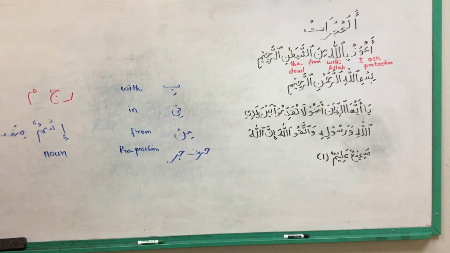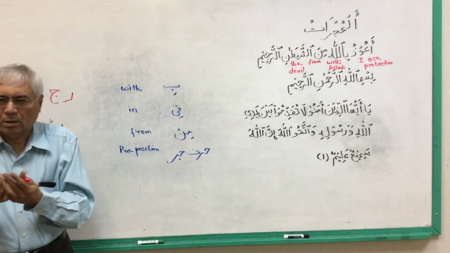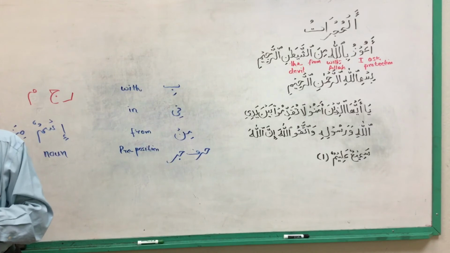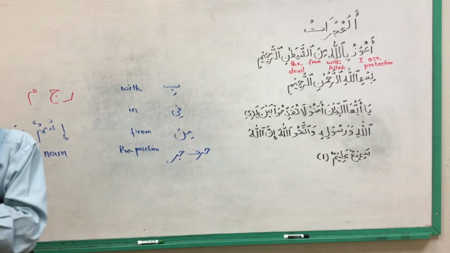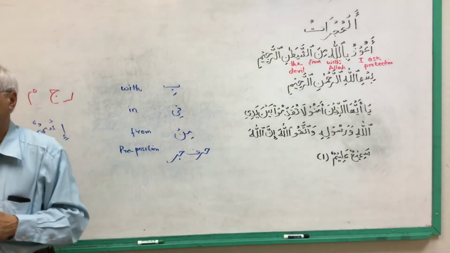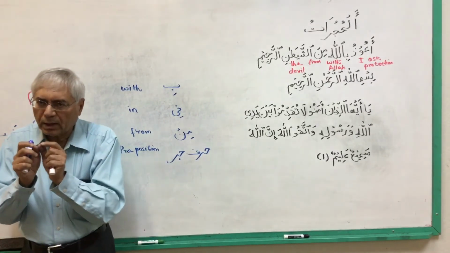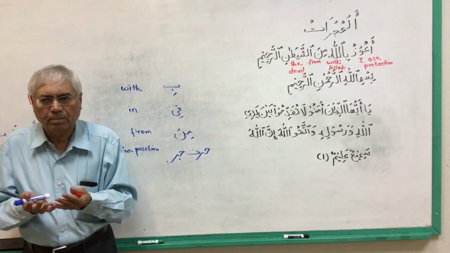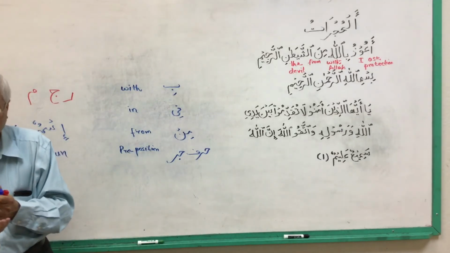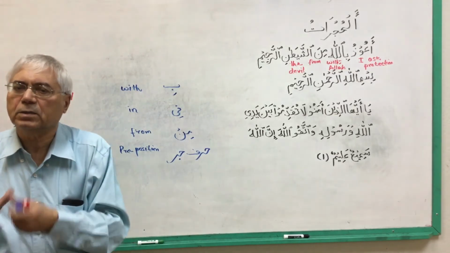Sifatun. This is adjective. Sifat is a quality of a person. The child is brave. So child is the name, and being brave is the quality of that child. So this quality in English is called adjective. In Arabic it's called sifat.